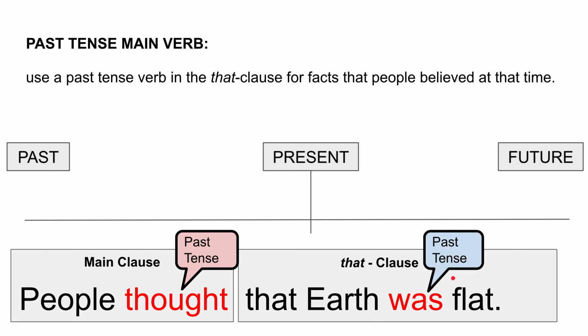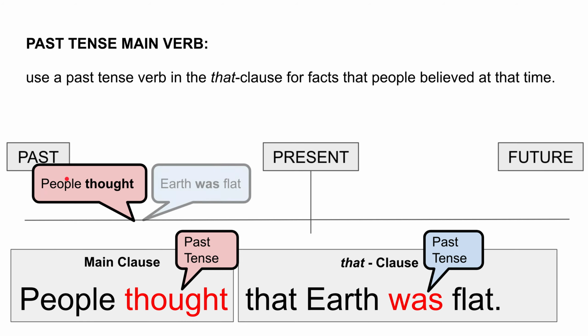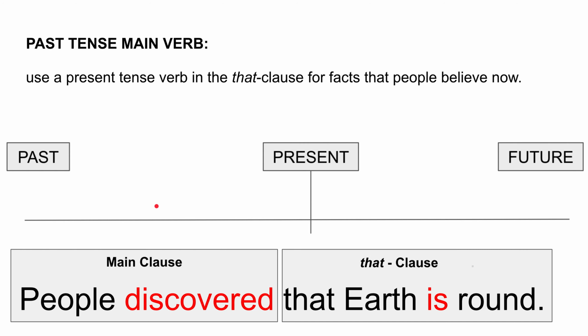We no longer believe this, but we used to believe it. We had these ideas. So what am I saying here? That sometime in the past, people thought that Earth was flat. We know that that's not true anymore. People know that Earth is round, but in the past, people thought that Earth was flat. It's no longer true. We know that.